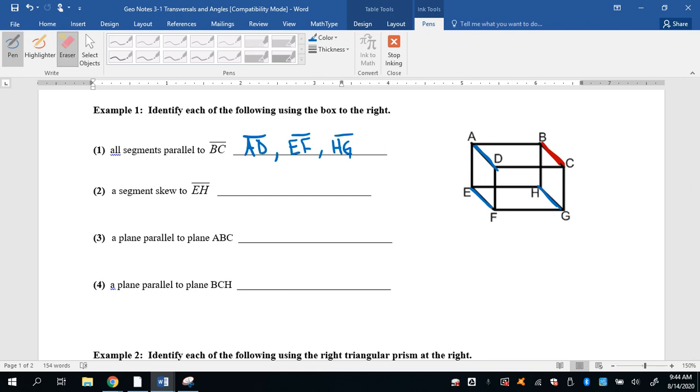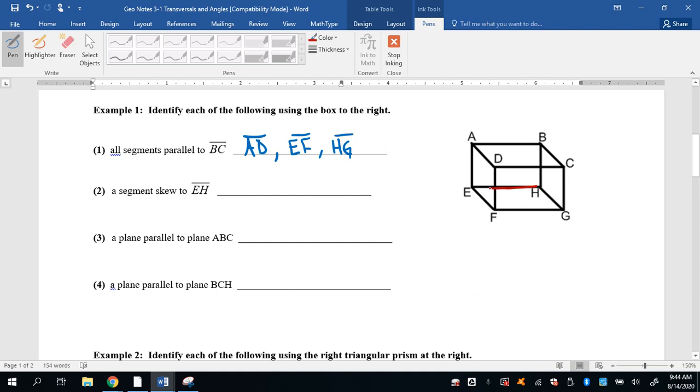Now, I am going to erase this picture so that we can then go on to our next problem. And so our next problem is find any segments that are skew to EH. So EH I'm going to label with red.